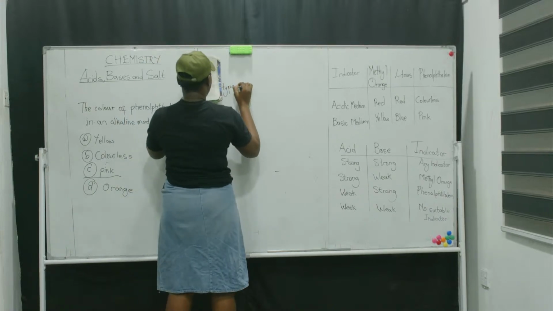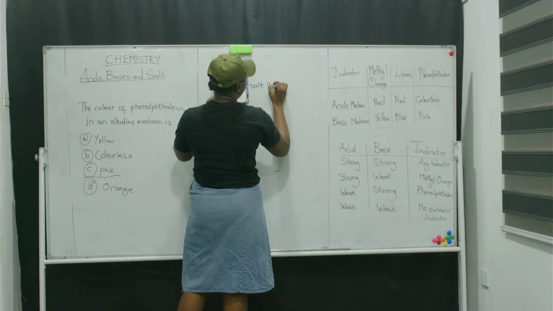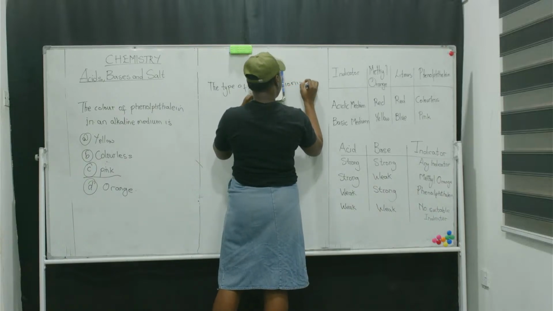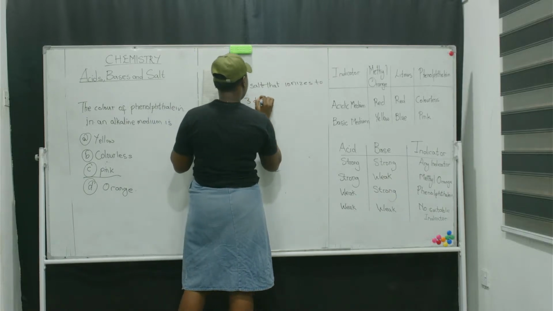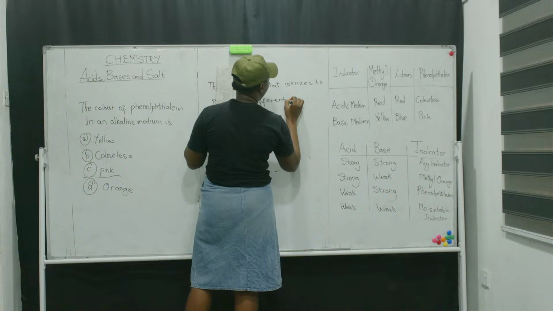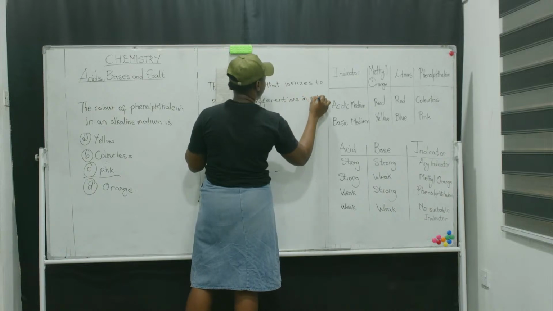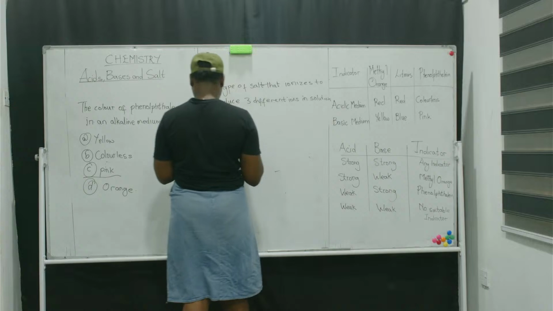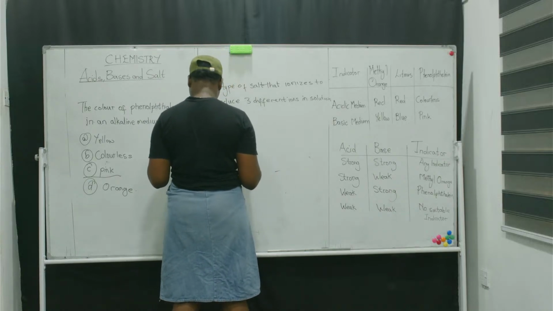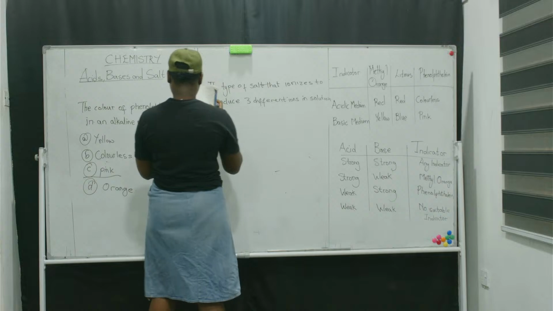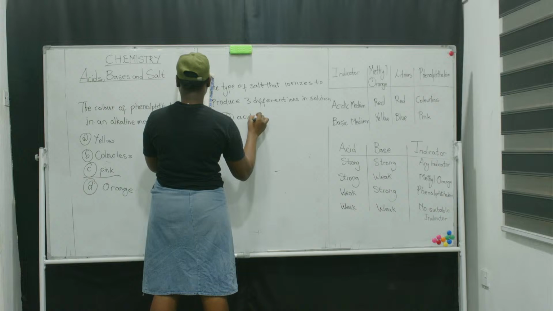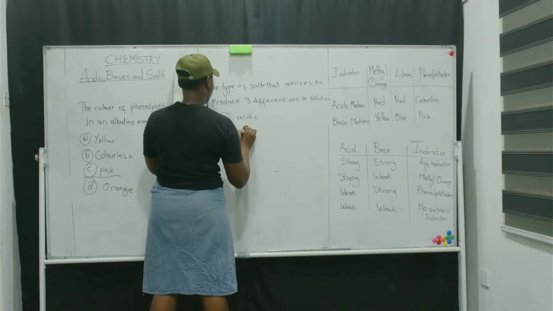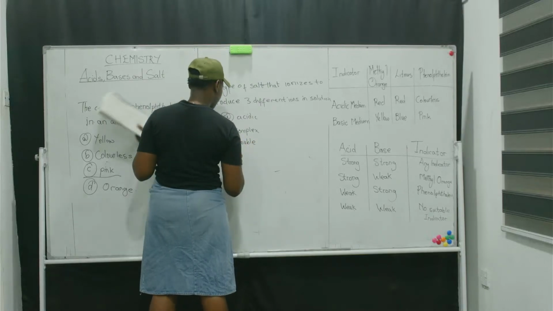The type of salt that ionizes to produce three different ions in solution is: A, acidic; B, complex; C, double; D, basic.